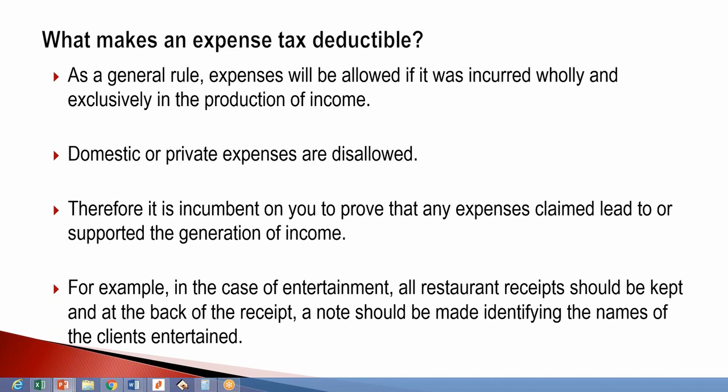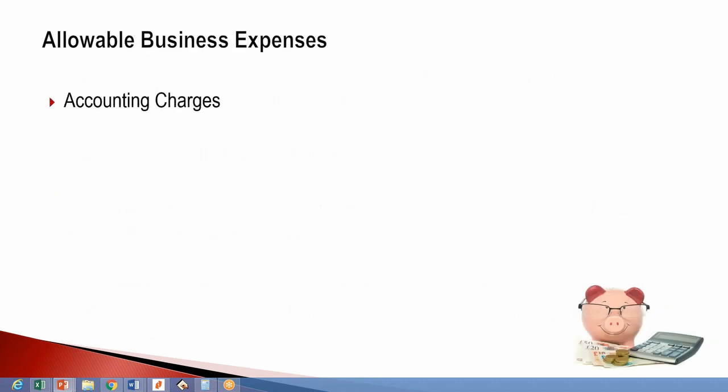So there are business allowable expenses, and there are expenses for private purposes that will not be allowed for business purposes. But let's discuss them in more detail because it's important that you understand this and why you should have good records to prove it.